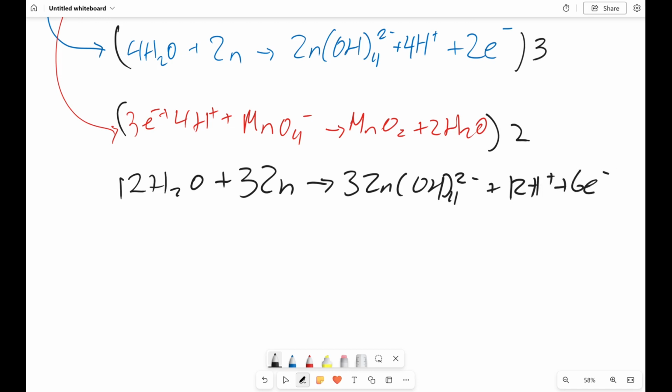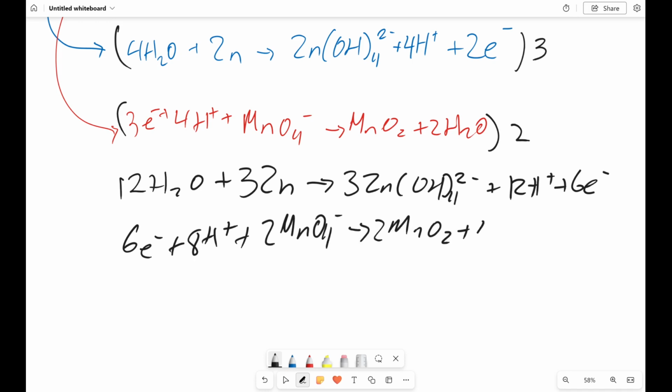And then it's going to be 6e minus plus 8H plus plus 2MnO4 minus becomes 2MnO2 plus 4H2O. We're going to cancel out what we can, and then we're going to simplify. So instead of 4 here and 12 here, it's going to be 8 here total.